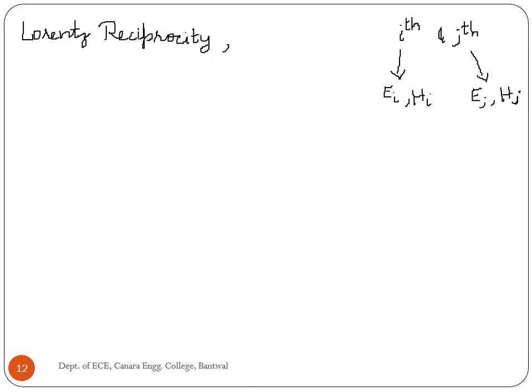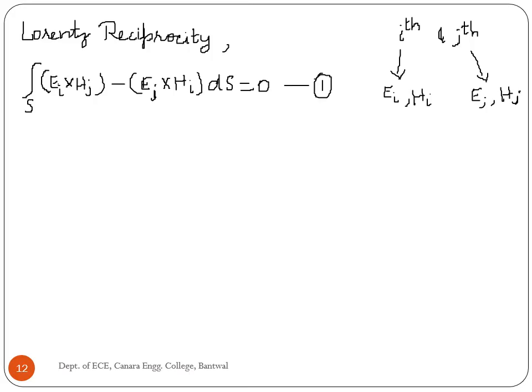From Lorentz reciprocity theorem, where S is the closed surface area of the conducting walls enclosing the junction and N ports in the absence of any source.